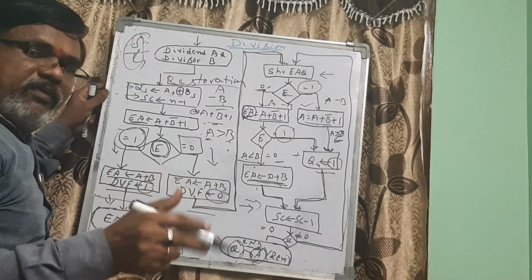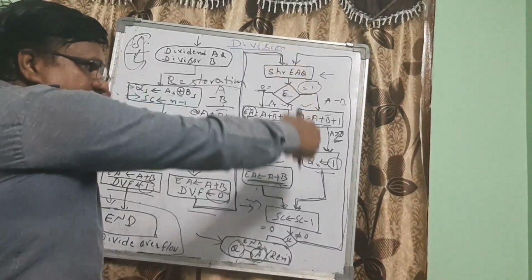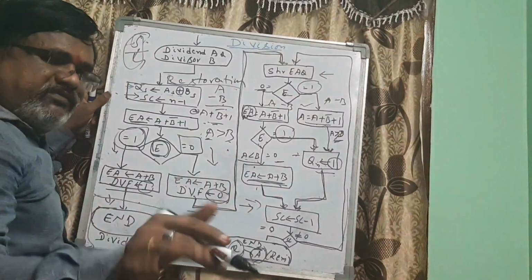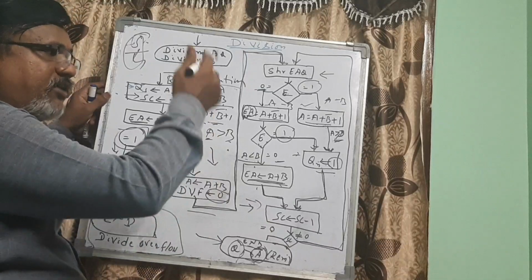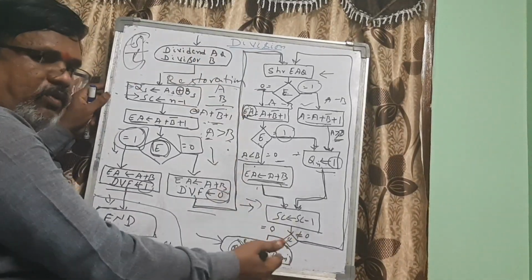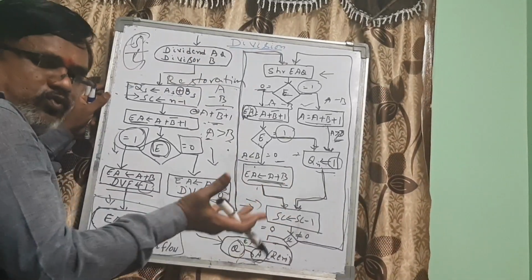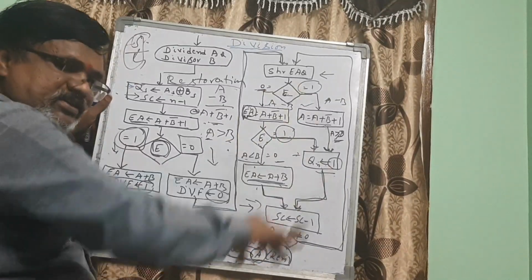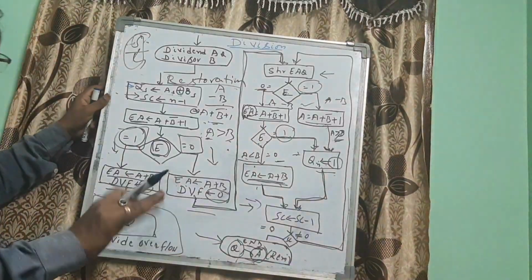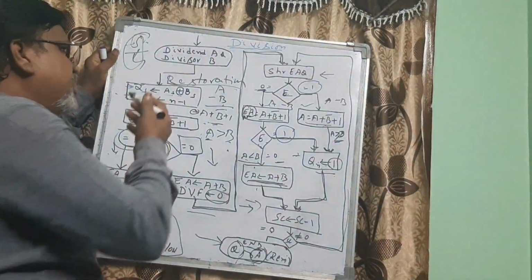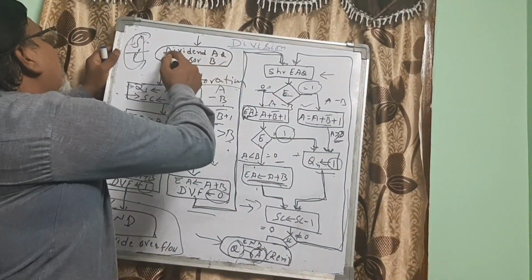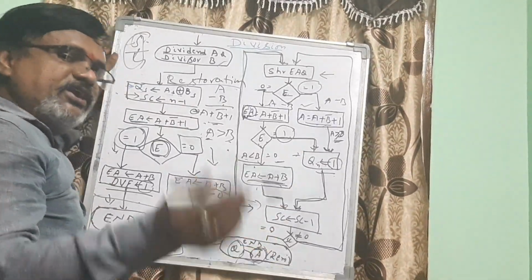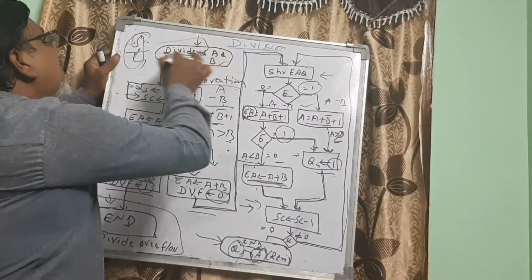Every time the remainder will be restored by getting 1 0 from the top. 1 0 or 1 1, whatever it is in that position, that gets brought down and will be added to the partial remainder to become a new dividend. So if you say the divisor is in B, the partial remainder will be restored and formed as a new dividend.